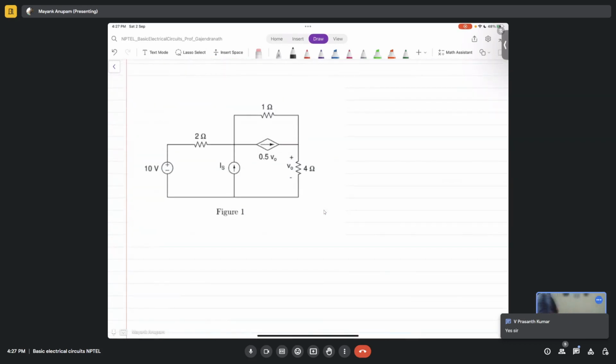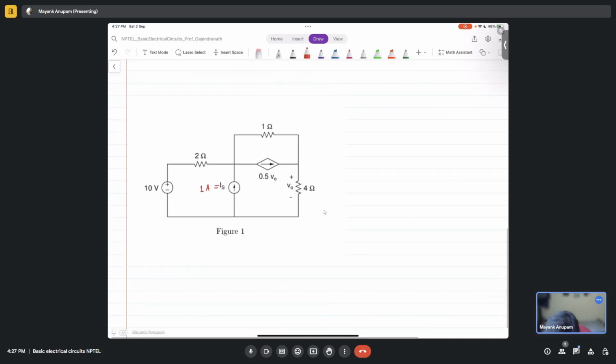Okay, so for this question, assume that Is is equal to, say, 1 ampere, easy to handle. Last time I said that I had not given any problem on the superposition theorem.